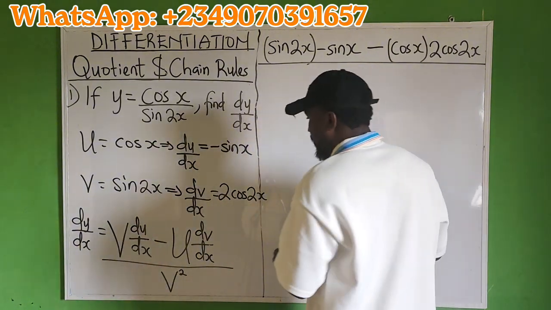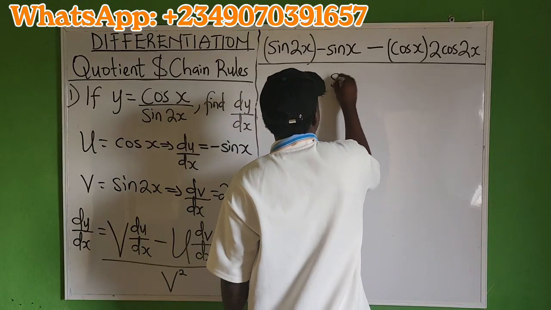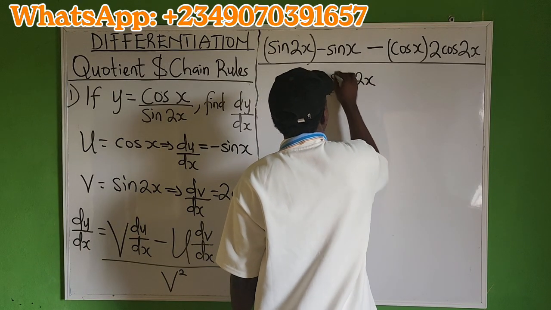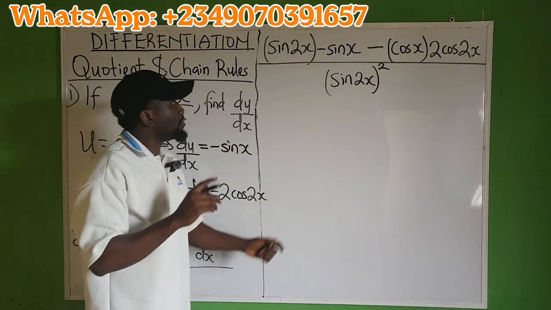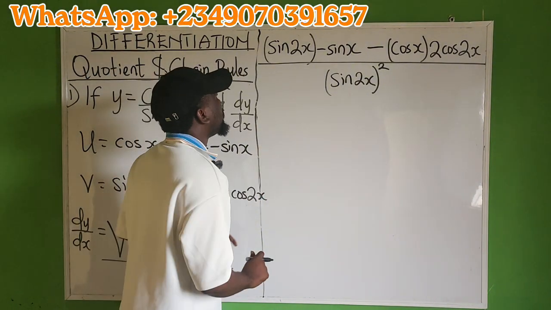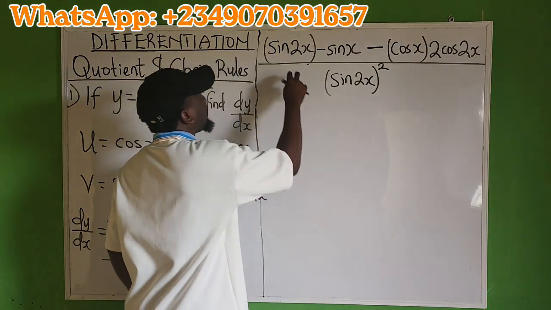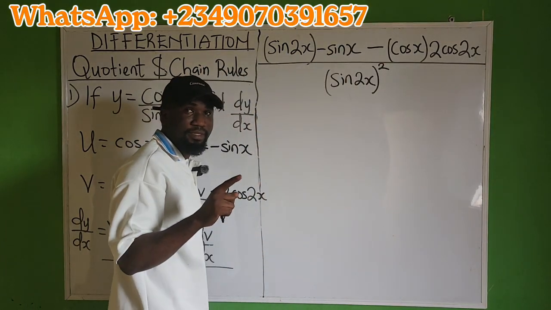All right. Then what is v? V is sine 2x. Sine 2x, all squared. So this is where I'll be needing your full attention. We want to multiply sine 2x by what? By negative sine x.